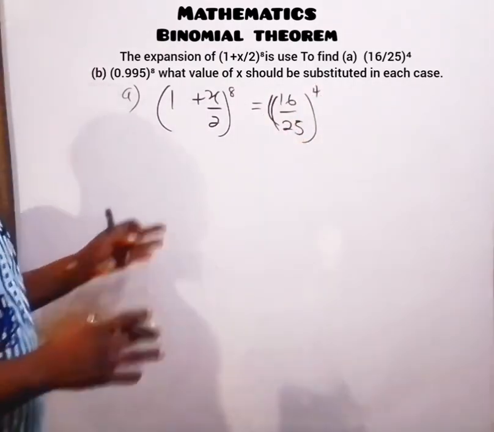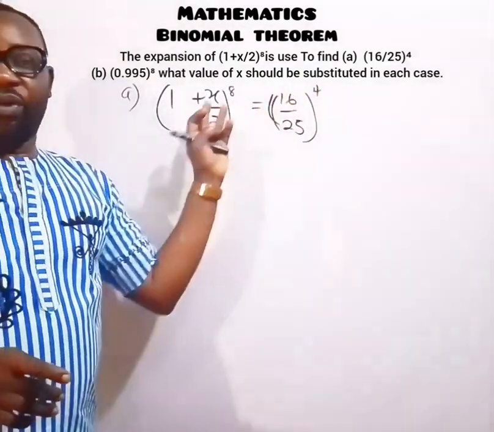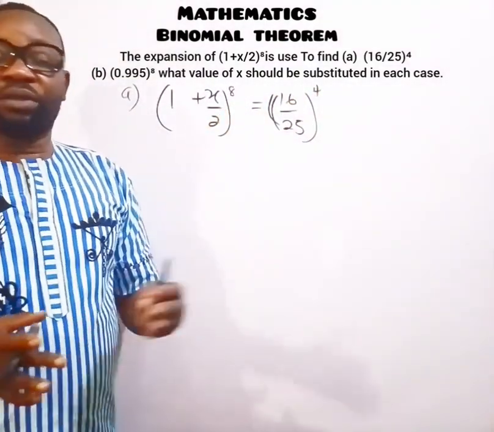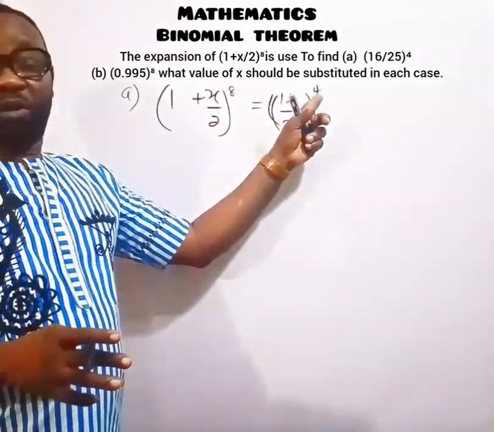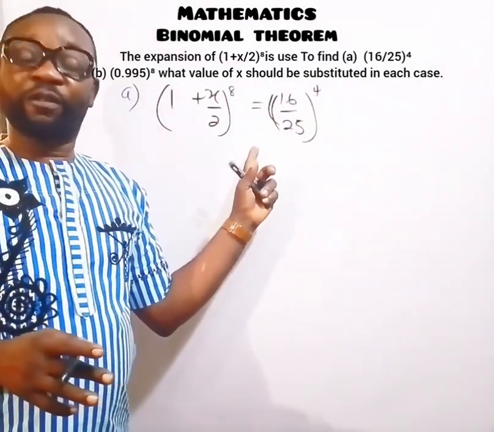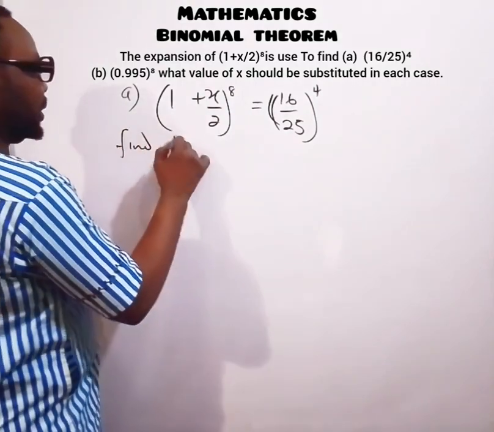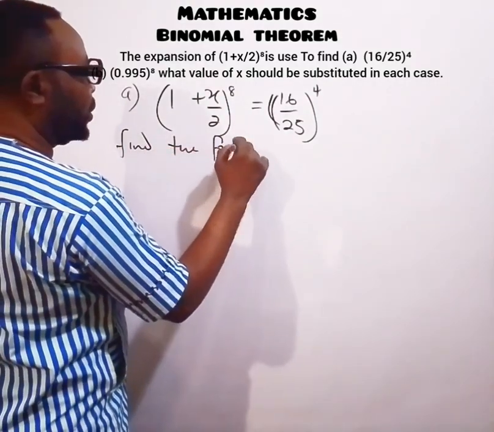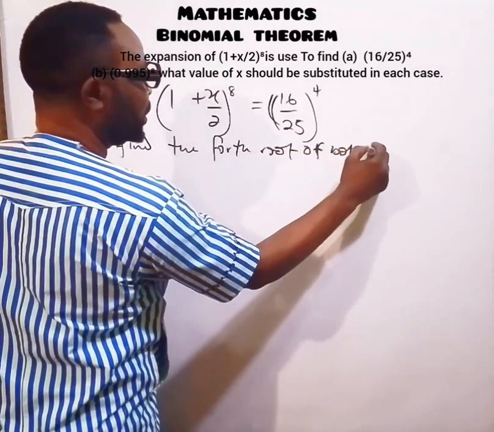Now, what you will do in this kind of question is look at the power on them. Whichever is the lowest power, try to reduce all of them to that lowest power, which means this is the lowest power, which is 4. So for us to reduce this, we have to find the fourth root of both sides.